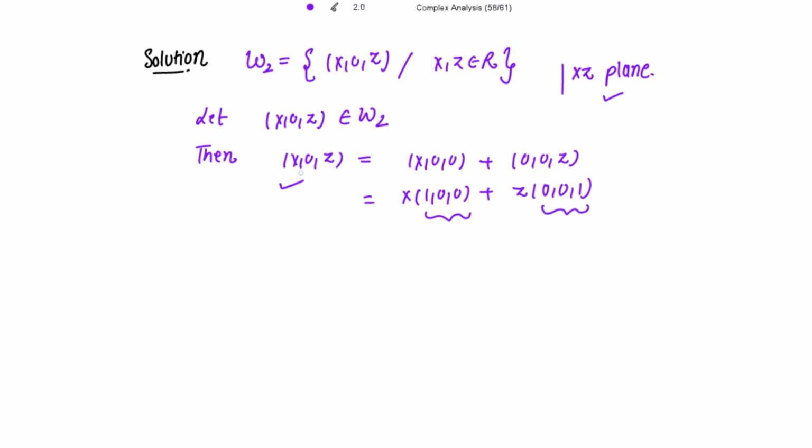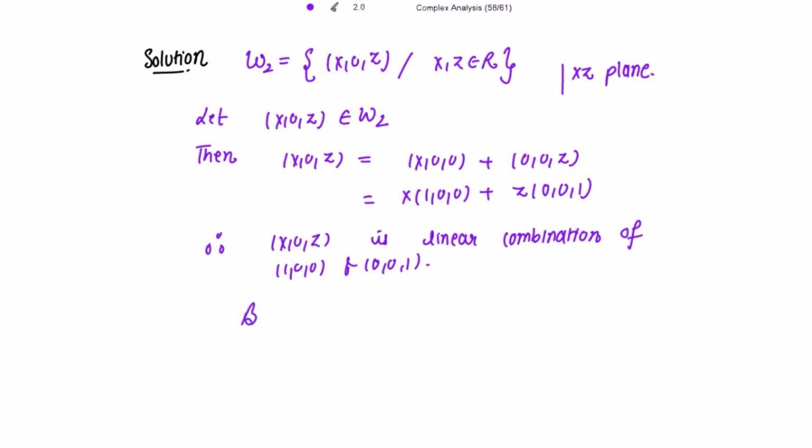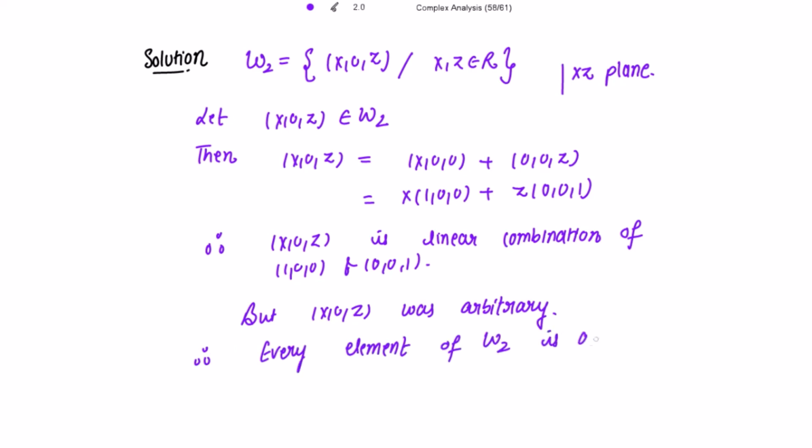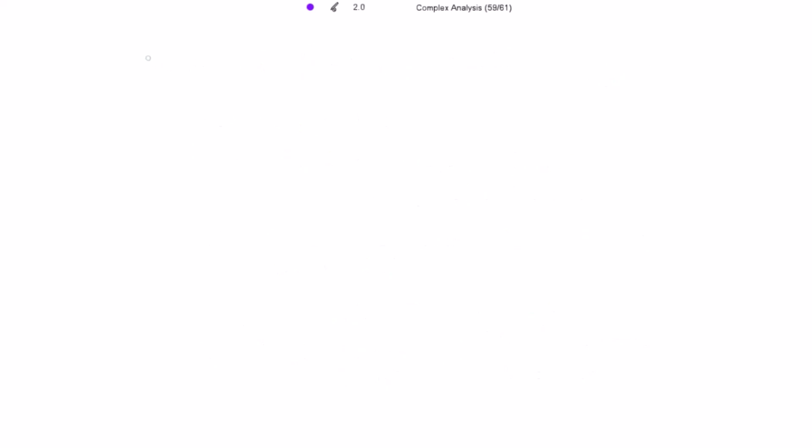And because (x, 0, z) is an arbitrary element, you can take any element of this kind. So every element of the subspace W2 is a linear combination of (1, 0, 0) and (0, 0, 1).